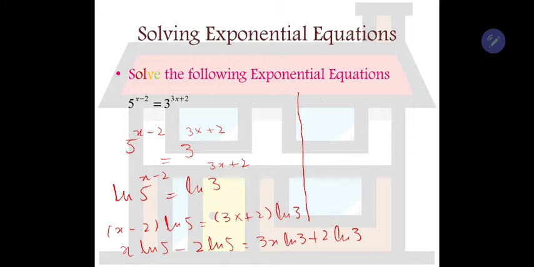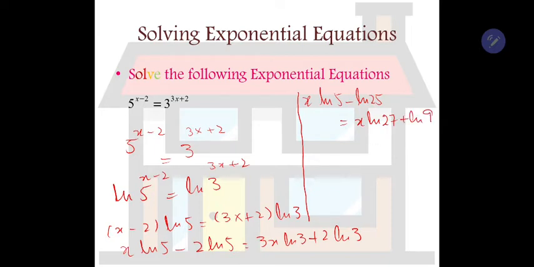Now, x log 5 makes sense. 2 before the log should become the power of 5. So that would become minus log 25, which is equal to x log 3 cubed, which is 27, plus log 9.